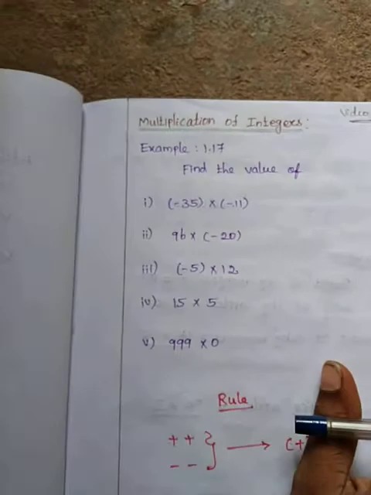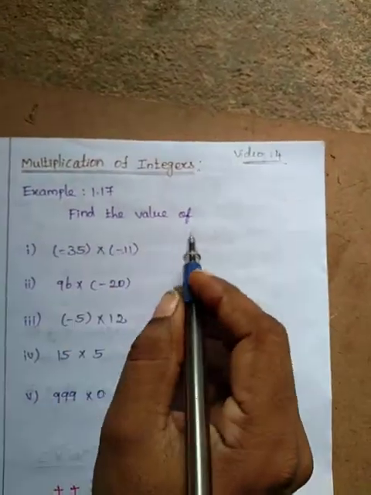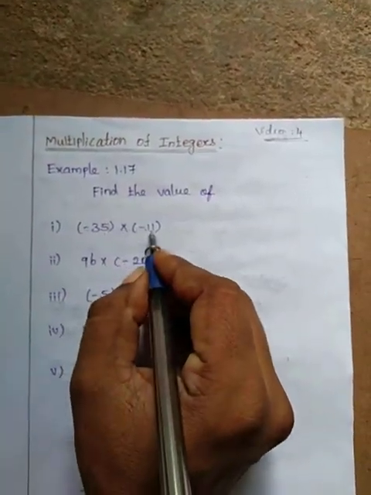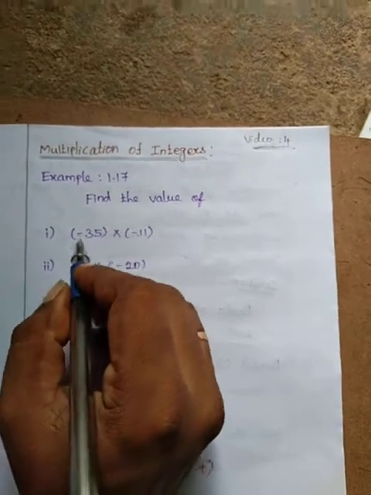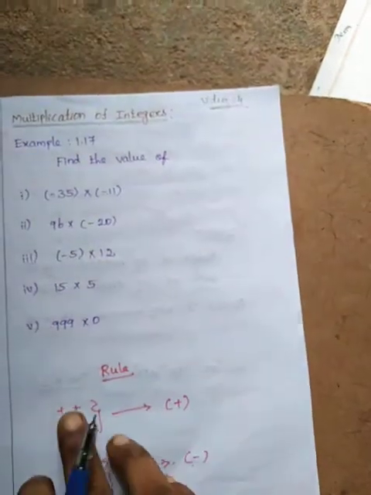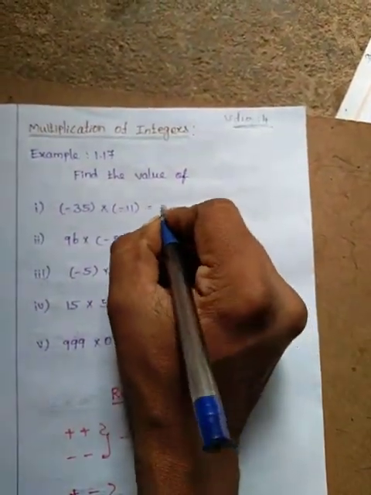Now, we are going to see example 1.17. Find the value of the first sum: minus 35 into minus 11. Here both are the same sign. Same sign means we have to put plus.